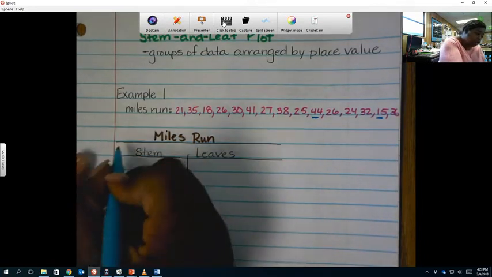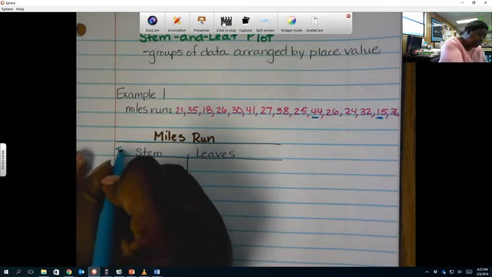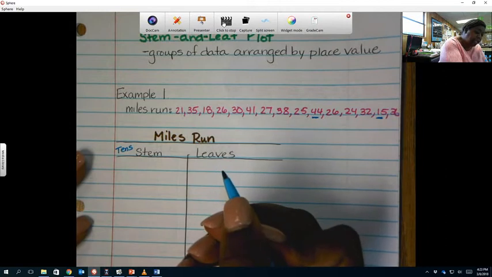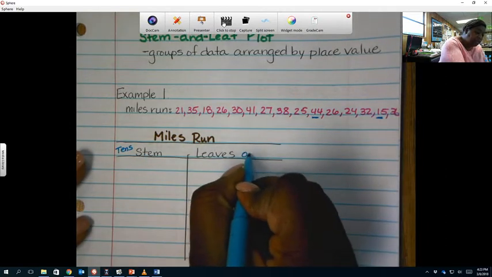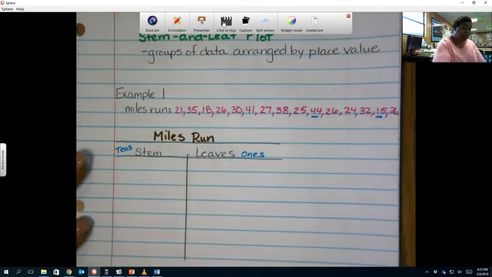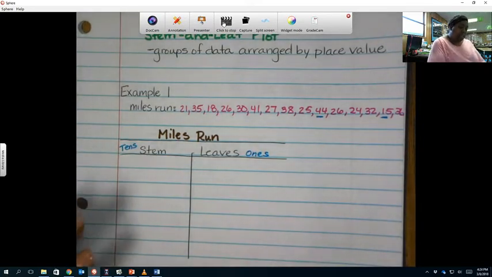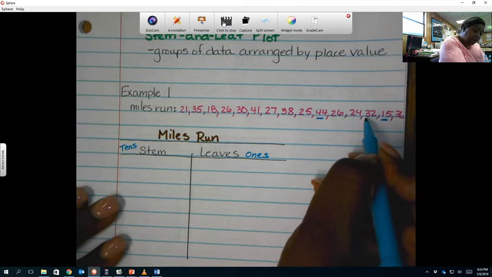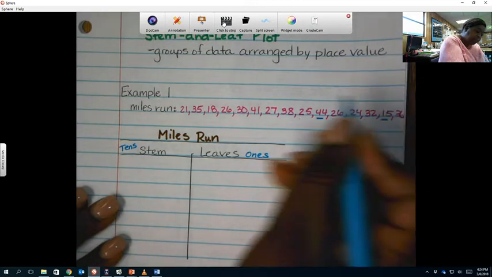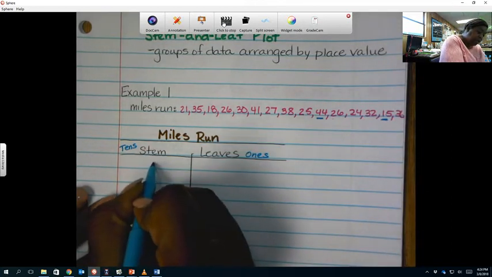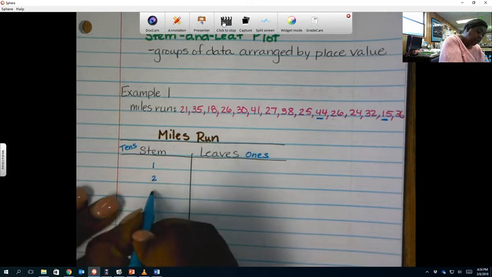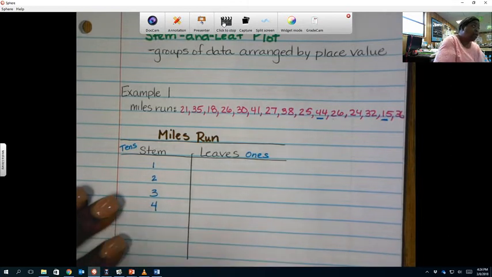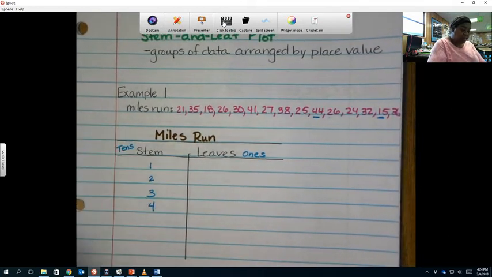I'm going to do all the tens place over here and the ones place over here. If I take a look at my data, I have 10s, 20s, 30s, and 40s. So my stems will be 1, 2, 3, and 4 for the tens.